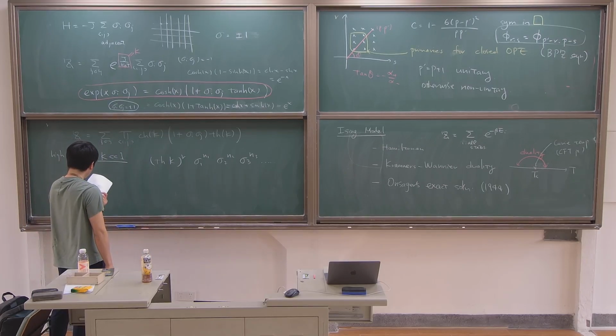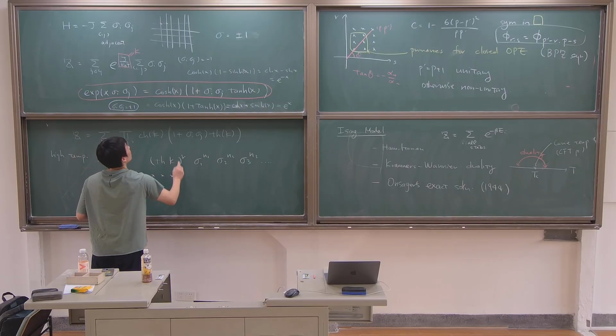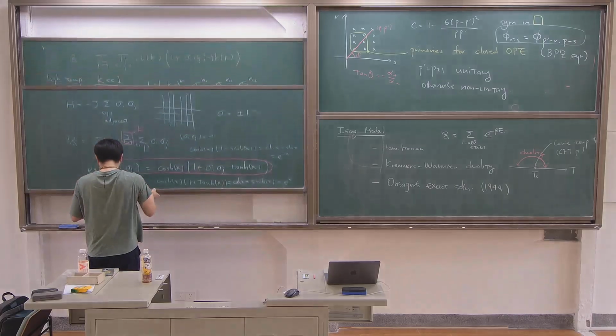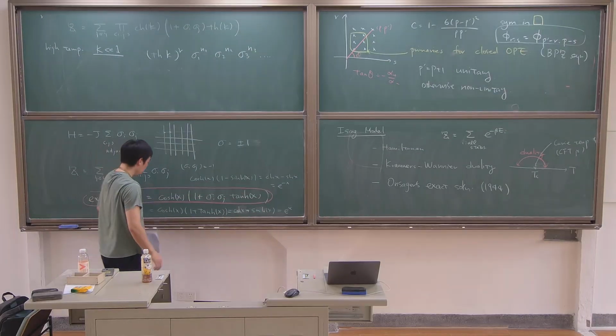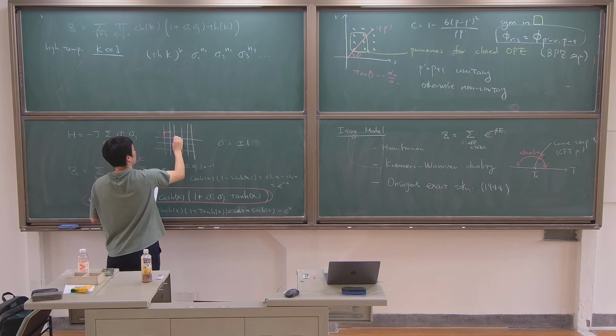So one can take the expansion in terms of this number. So one can have tanh K to the R, and then sigma 1 and 1, sigma 2 and 2, sigma 3 and 3, and so on. So this means that we can just consider the following thing. You have a lattice point, and you just consider this kind of closed circle, like this way.